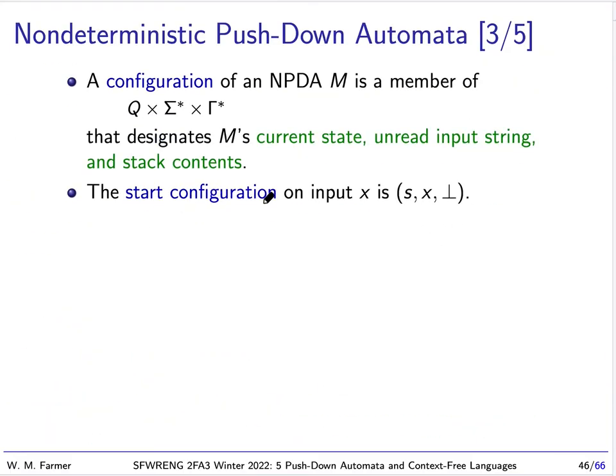And the start configuration is always this form. It will be whatever this is. This is the start state. And this is the current unread string.